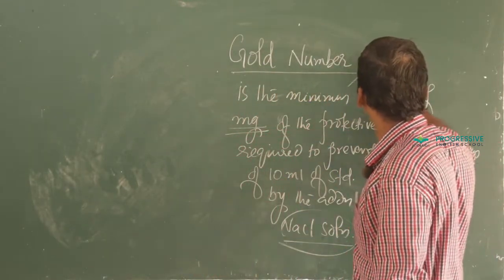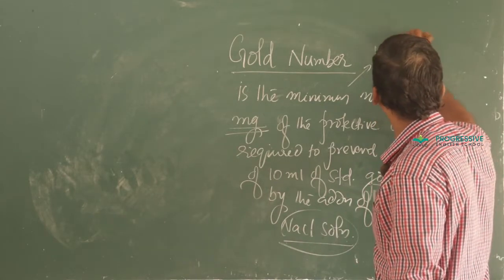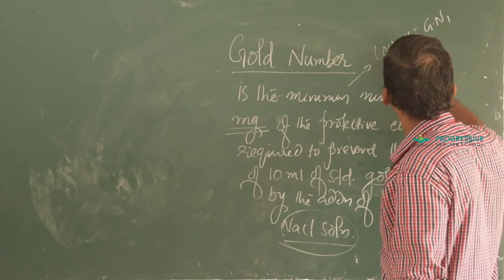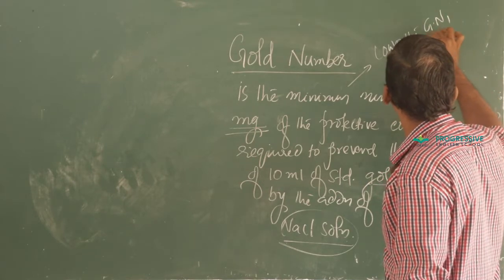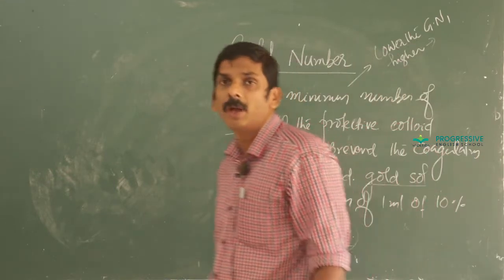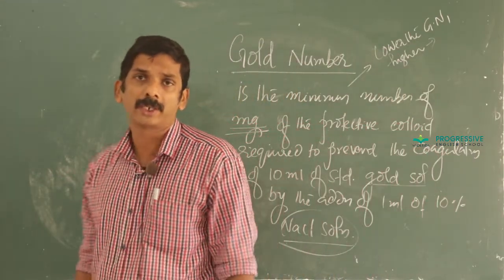And one more point related to this is, the lower the gold number, the higher is the protective action. Lower the gold number, higher is the protective action.